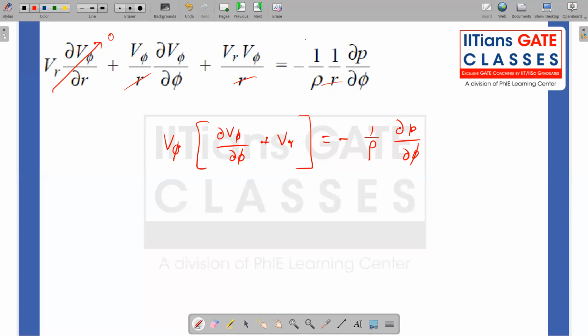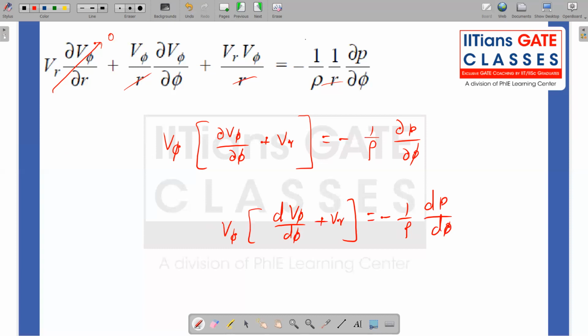Now look at this equation very carefully. This differential equation is only a function of phi. With respect to phi, we are differentiating. So this partial differential equation now becomes like an ordinary differential equation. So I can easily write V_φ times (dV_φ/dφ plus V_R) equal to minus 1 divided by ρ times dP/dφ.